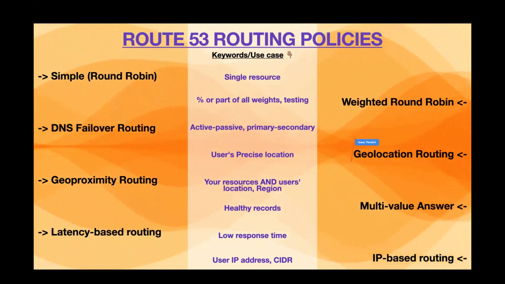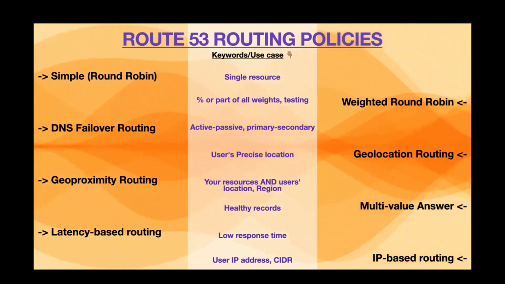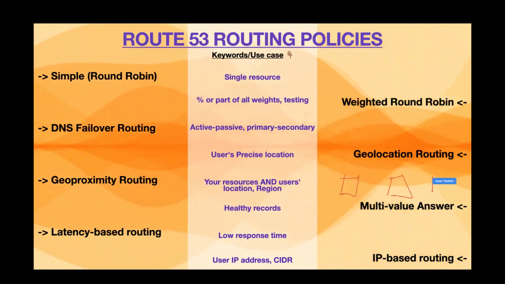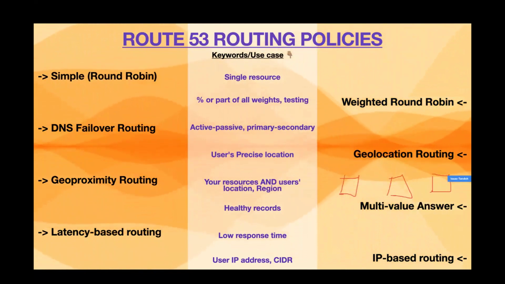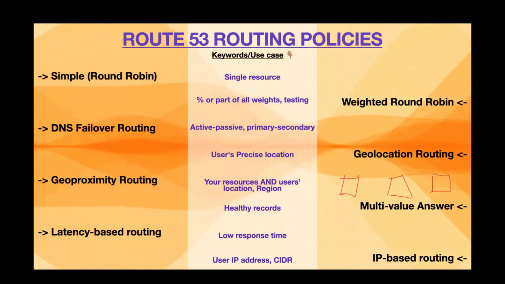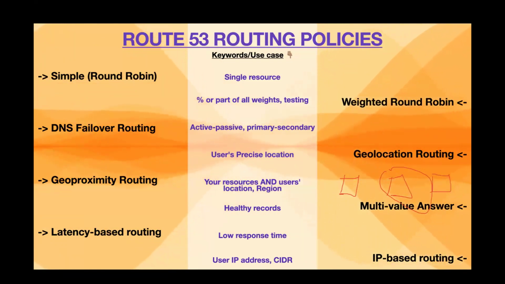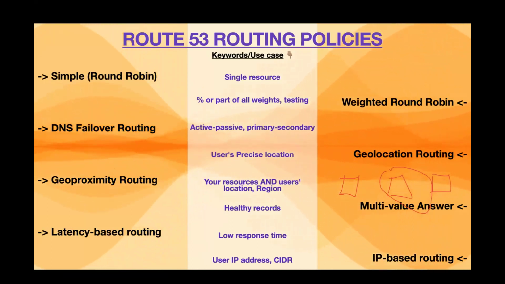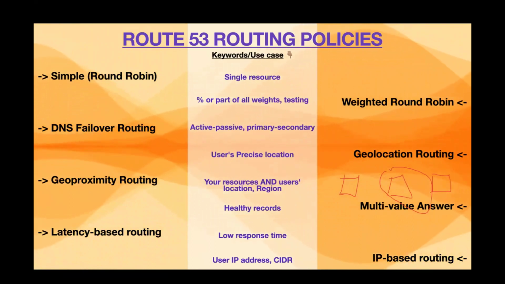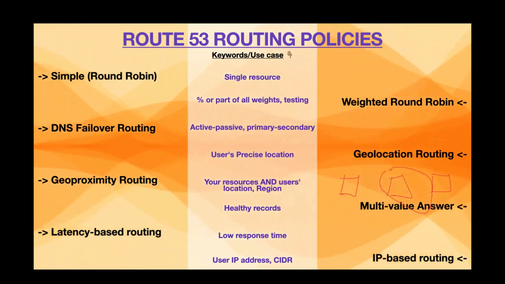And then for geolocation, I think it was straightforward. Geolocation has to do with the location of the people. So if I have 10 servers, for example, I have a server in the UK. Ideally, I should route traffic coming from all of Europe, anybody within Germany, Italy, all the European countries, to reach the server.